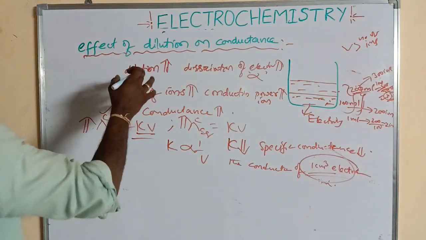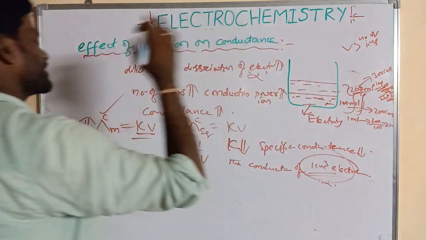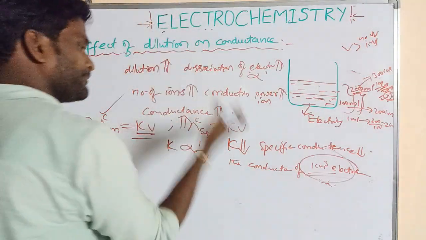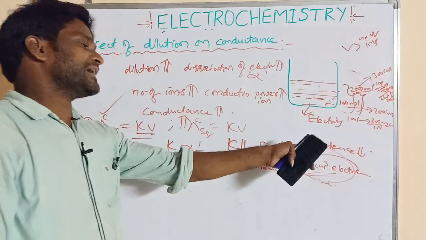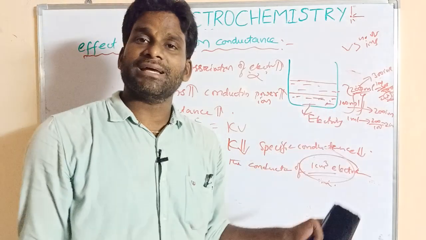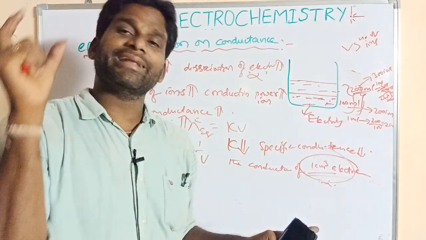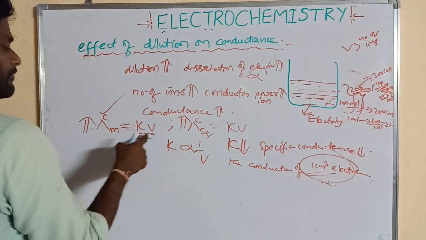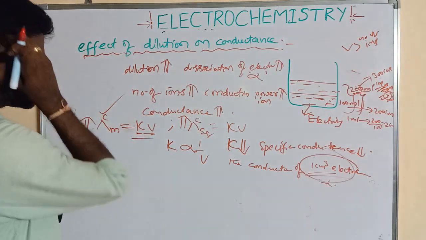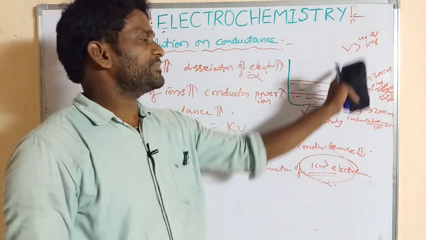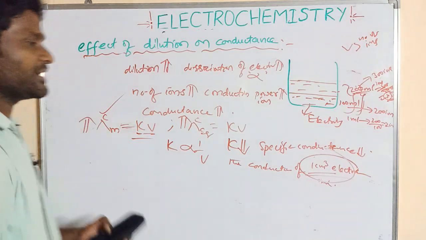So on dilution, molar conductivity and equivalent conductivity increase, but conductivity or specific conductance decreases because the number of ions per centimeter cube decreases. Also, kappa and V are present in inversely proportional relation. If volume increases, kappa decreases. That is also another reason.